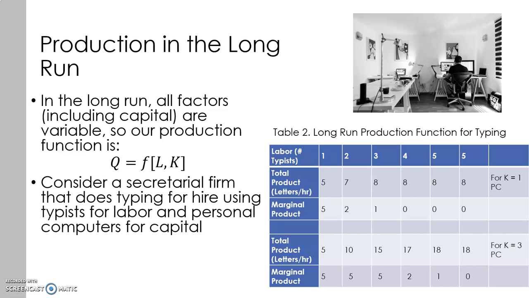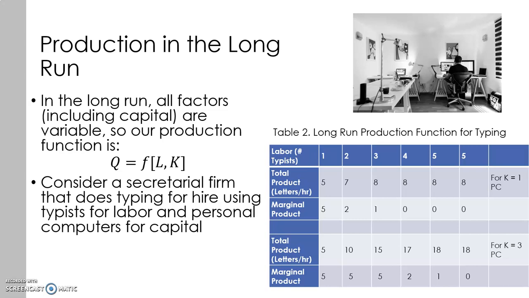So let's look at an example here. Consider a secretarial firm that does typing for hire using typists as labor and personal computers as capital. For the first set of numbers where we have our capital equal 1 PC, our first typist can do 5 letters per hour, so her marginal product of labor is 5 letters.